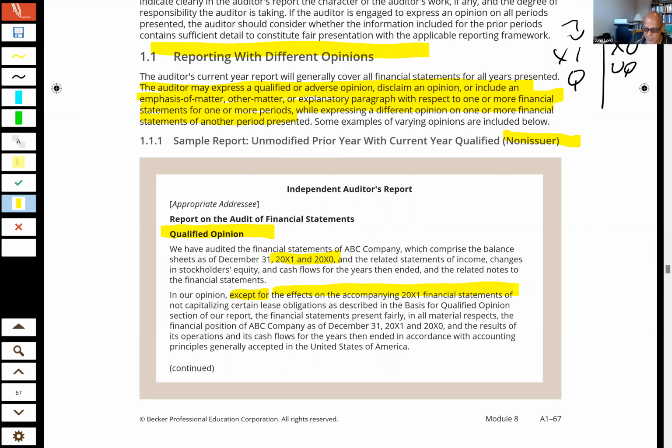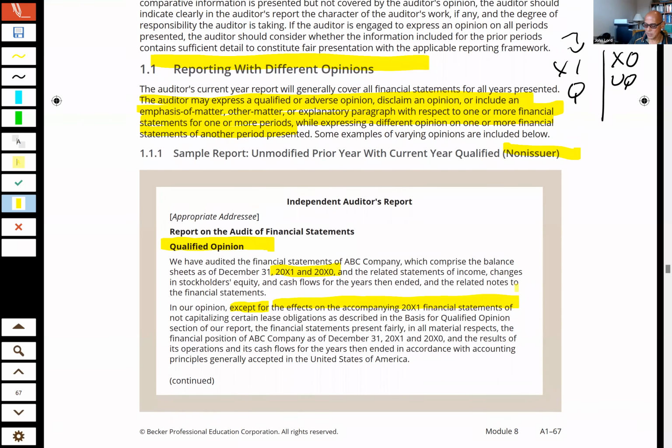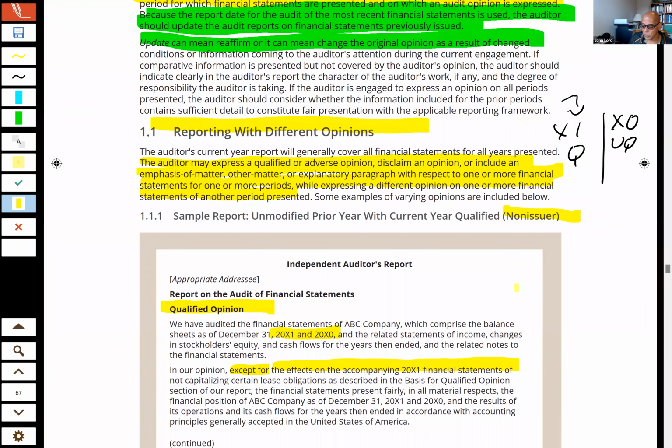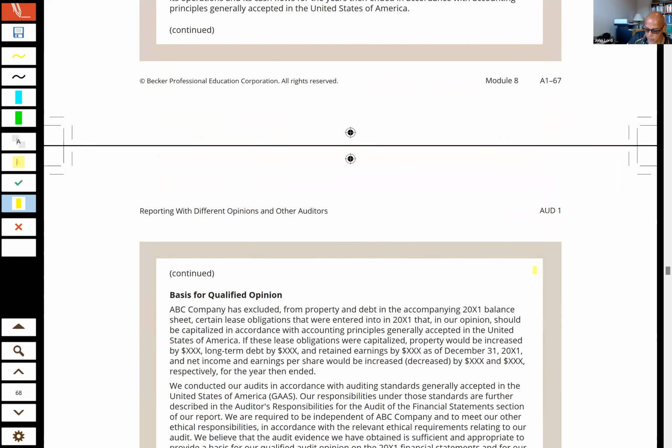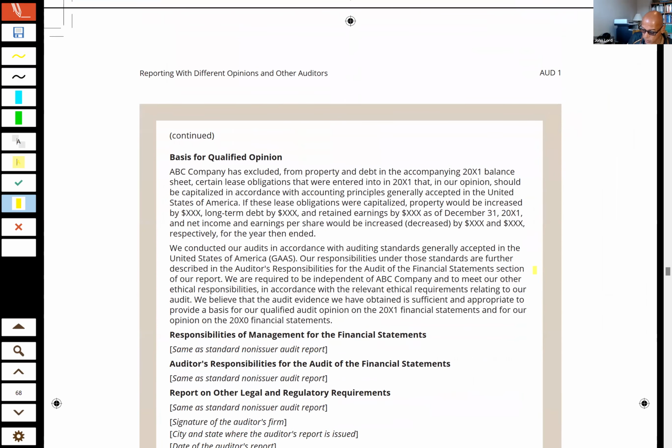So it's a very easy solution, guys. It sounds like a big deal the way we set it up, but all you do is modify the report to call out the problem as it relates to the year in which the problem has occurred. You come over and take a look at the basis for the qualified opinion, and notice for the non-public company, they're calling out X1.